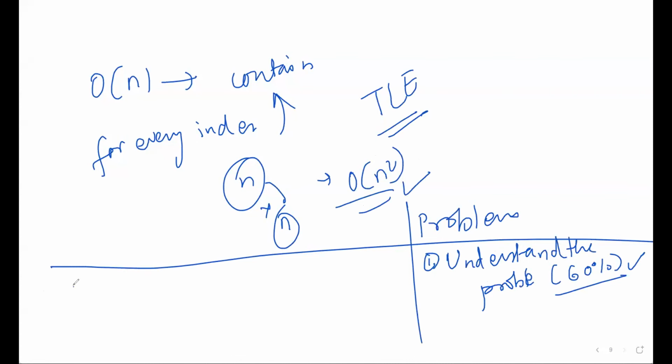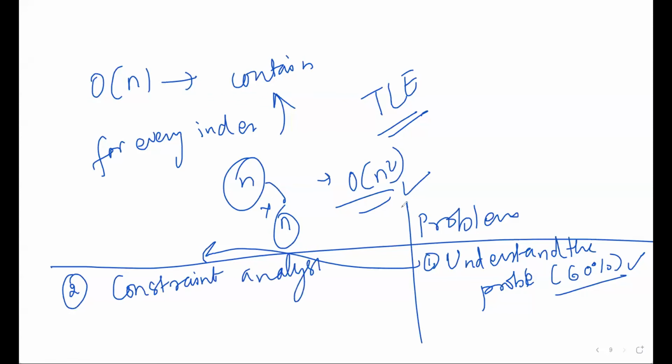After that, in understanding the problem, we have constraint analysis. Looking at the constraints, you can tell what is the worst time complexity of your program that is allowed. And based on that, sometimes you can come up with that particular logic.